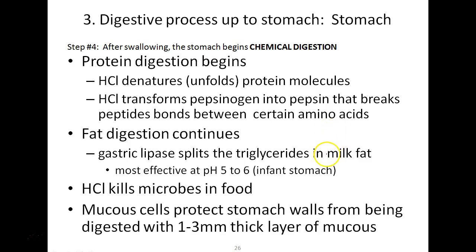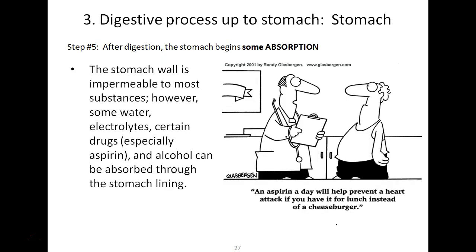In addition, remember that this hydrochloric acid kills microbes, and then we also have mucus cells that are going to protect that stomach wall because we have a nice thick 1 to 3 millimeter layer of mucus in there. And there is a very, albeit small, amount of absorption that occurs in the stomach because the stomach wall is mostly impermeable.